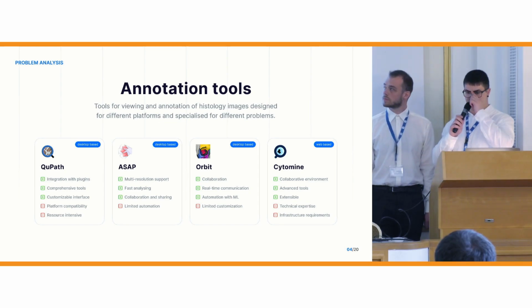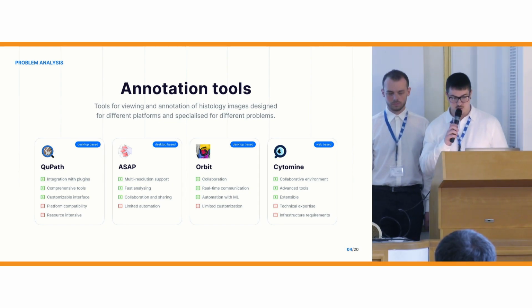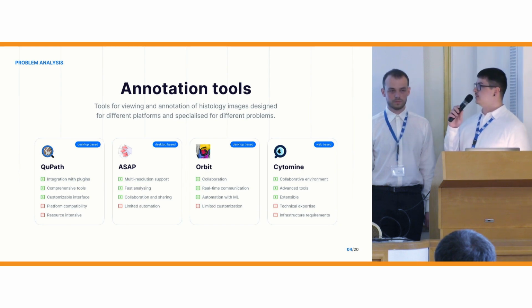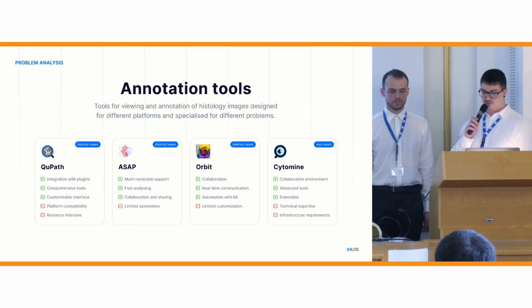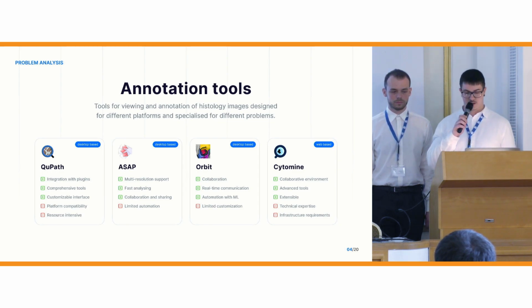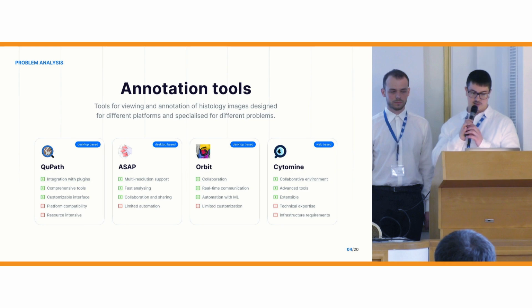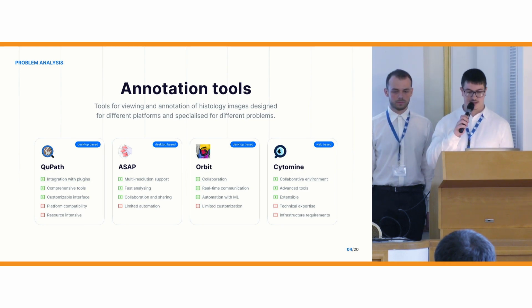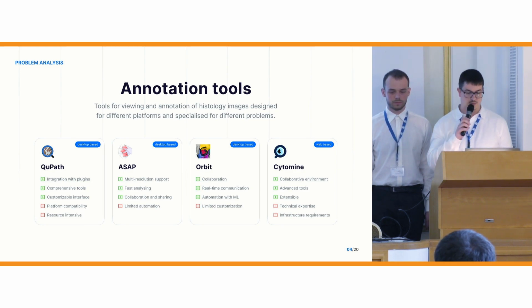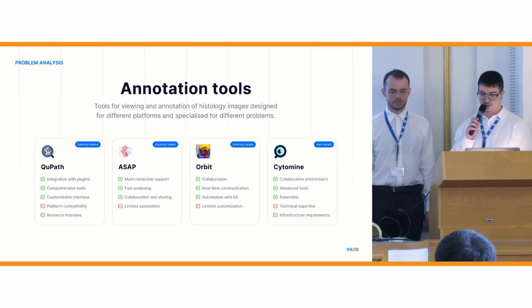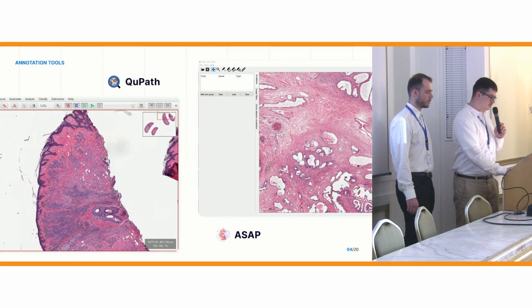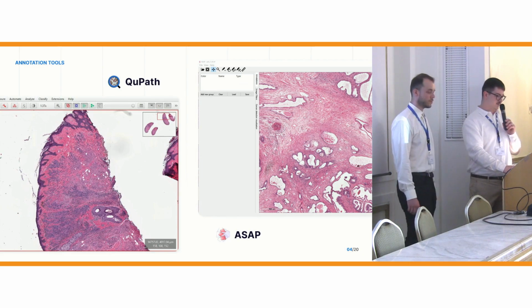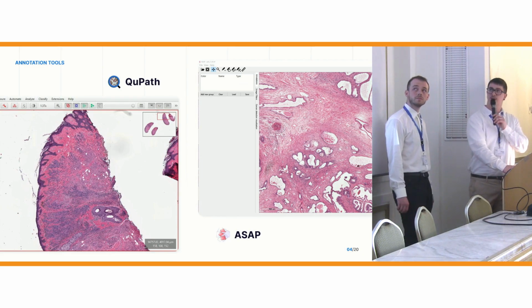Orbit is a tool that is implemented in Java like QuPath, but its main strength is real-time collaboration. And the last one is Cytomine, which is a web-based tool that consists of multiple services wrapped in Docker containers. As a result of the analysis, we gained insights into how the tool should work and what their biggest shortcomings are. The following figures show the interface of these tools.